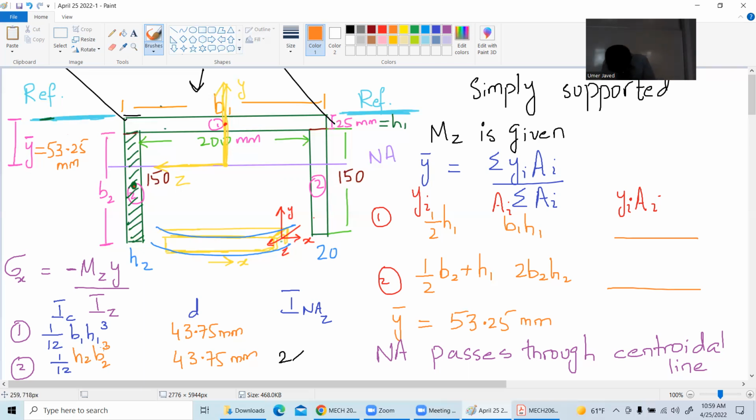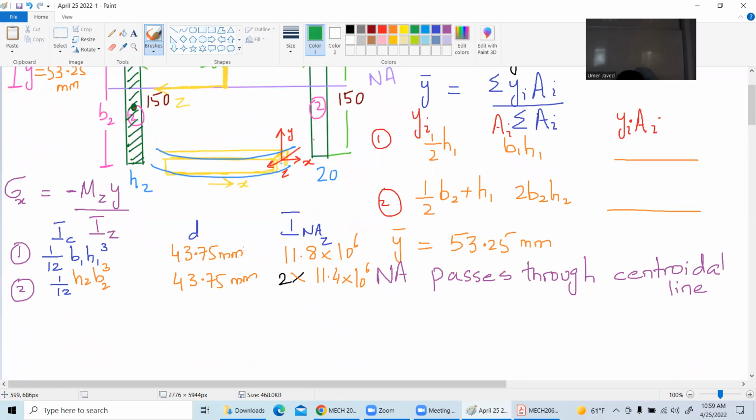Okay. So now that you have got this, you will put the values: 2 multiplied by 11.4 into 10 power 6, and this is 11.8 into 10 power 6. Okay, now last but not least, I will add those two chunks together. So I will have the summation as 34.6 into 10 power 6 millimeter power 4.